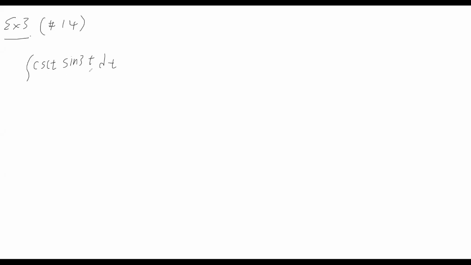We can split up sine 3t and rewrite it as sine of 2t plus t, and then apply the sine sum formula. So sine of 2t plus t can be written as cosine 2t sine t plus sine 2t cosine t.